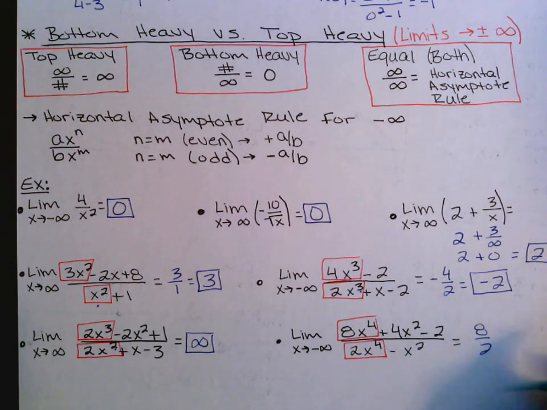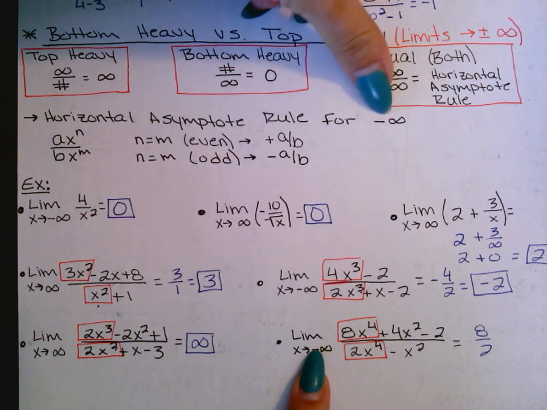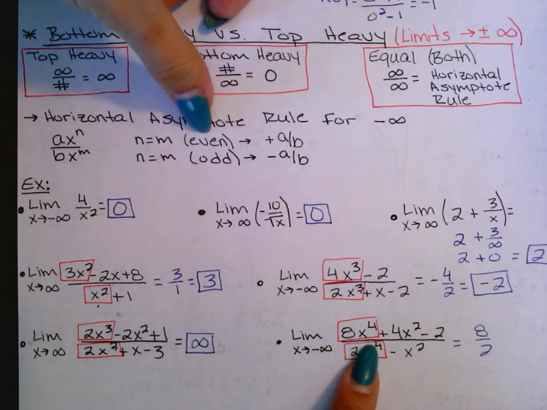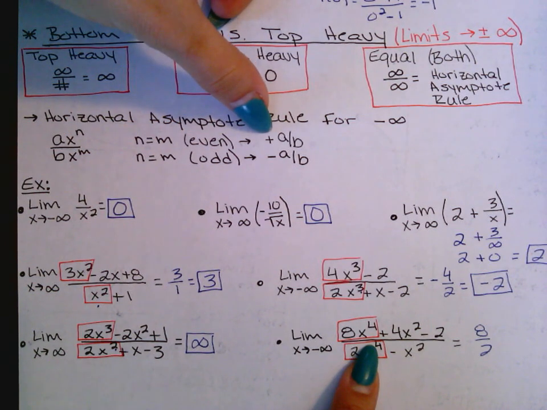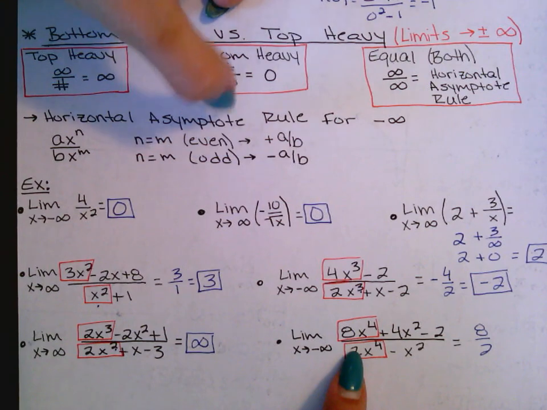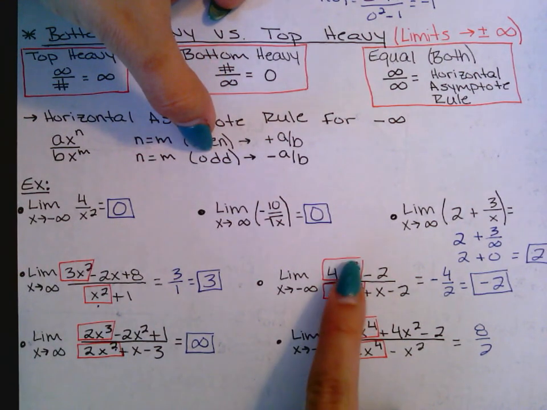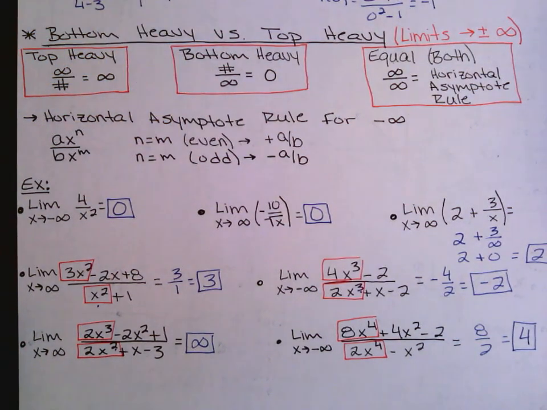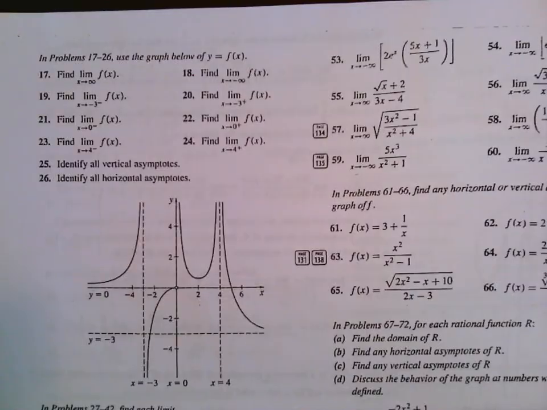Okay? Now I'm plugging in a negative infinity. So I have to check as to whether those exponents were even or odd. Because they were even, I can keep this as a positive a over b, and I do not have to plug in that negative. Only if those exponents were odd, like this one up here. So 8 over 2 is just 4.